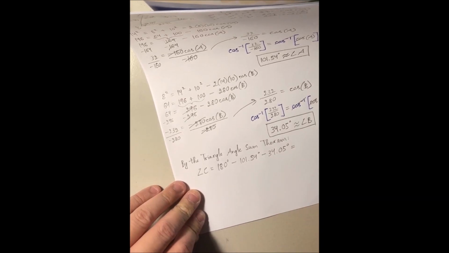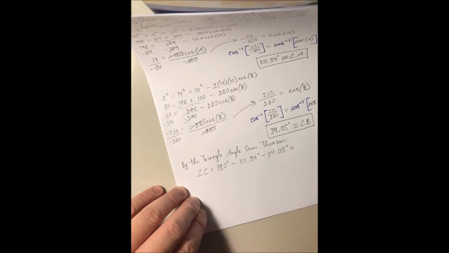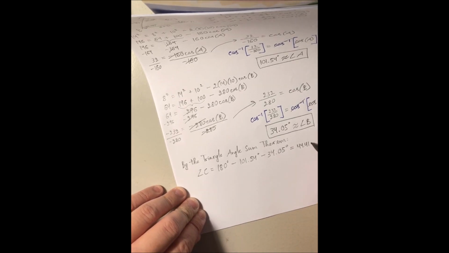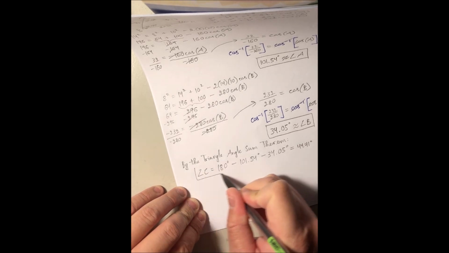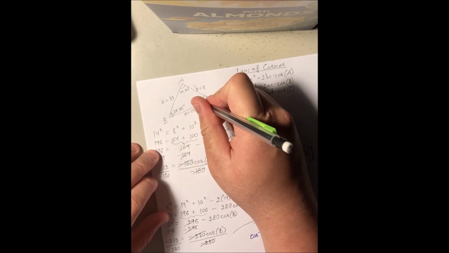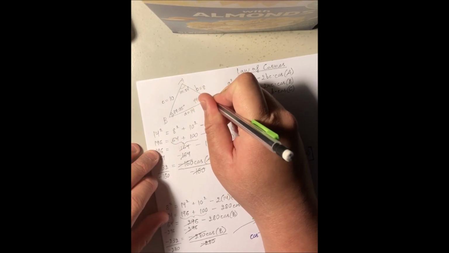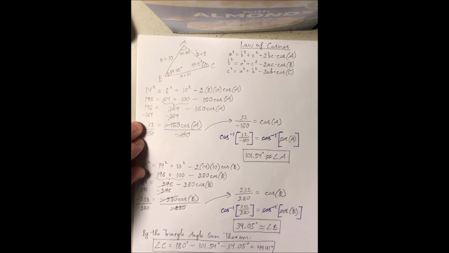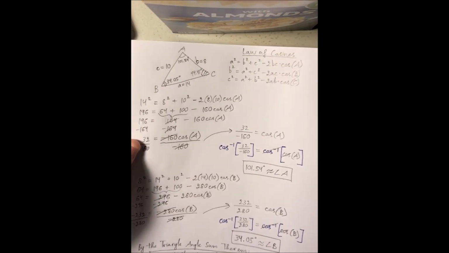Okay, what is this equal to? 44.41 degrees. So angle capital C is 44.41 degrees. All right, hopefully you guys can see it there.